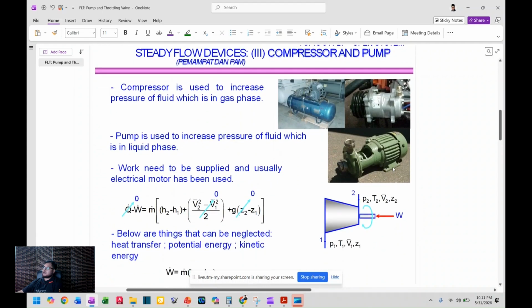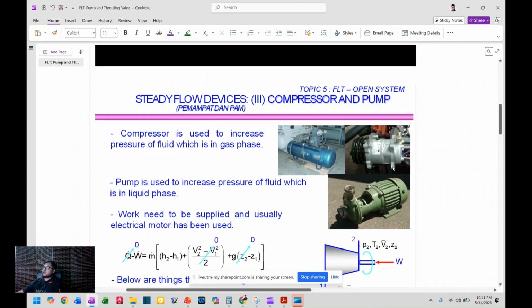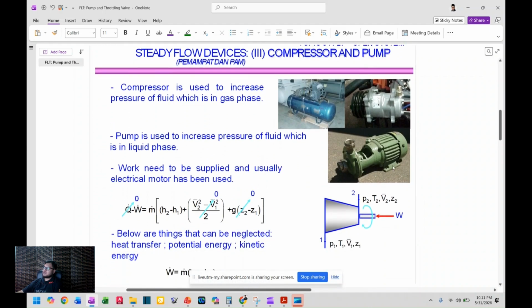So for compressors, we have already covered last time. And for pumps, the first law of thermodynamics works just like the compressor and also the turbine, whereby you are able to neglect the heat transfer. That is for sure. The heat transfer is most of the time negligible in pumps.